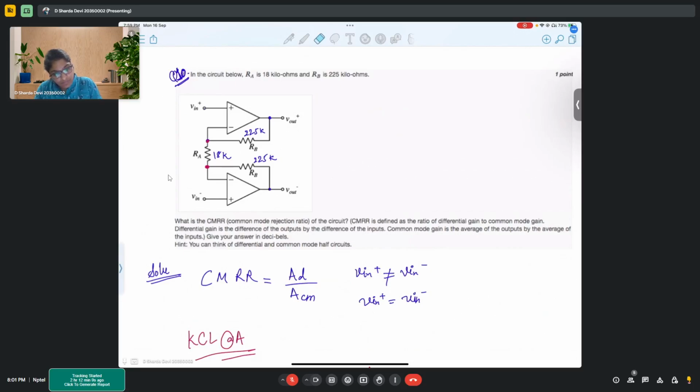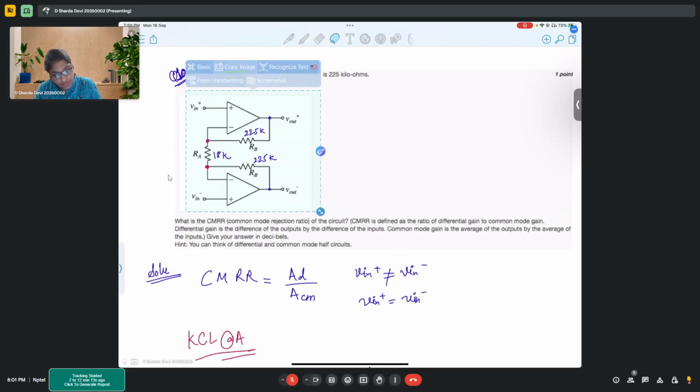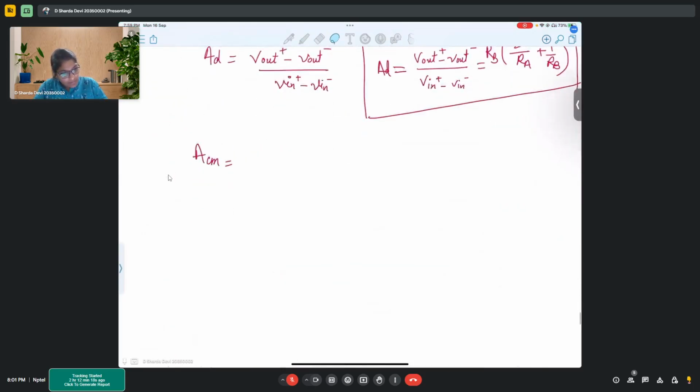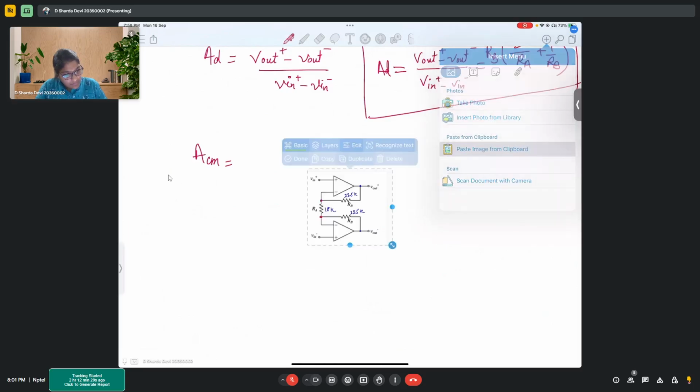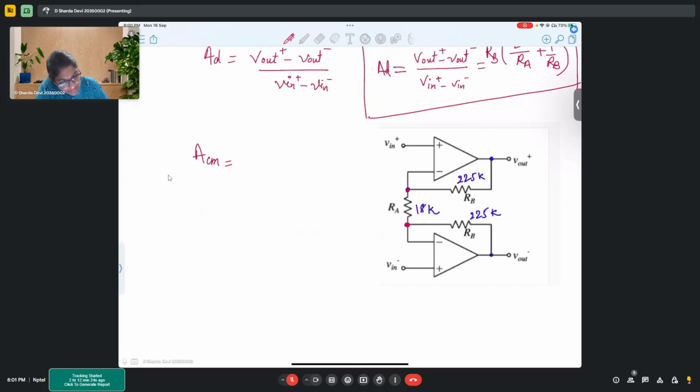So if I talk about this particular circuit, in the same circuit, if this is simply V out plus and V in plus, and this is also V in plus, that means V in plus here as well.